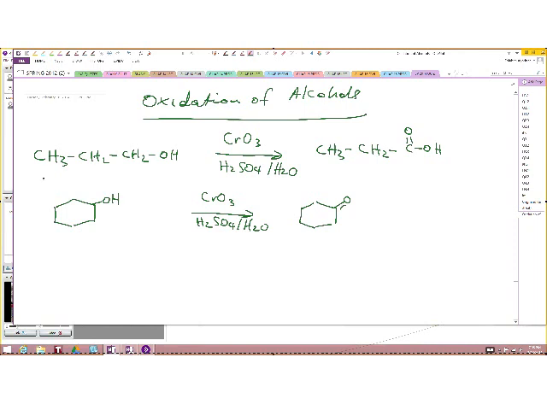However, if you want to take a primary alcohol to an aldehyde, you have to use PCC or Des-Martin. In that case, you get your aldehyde.